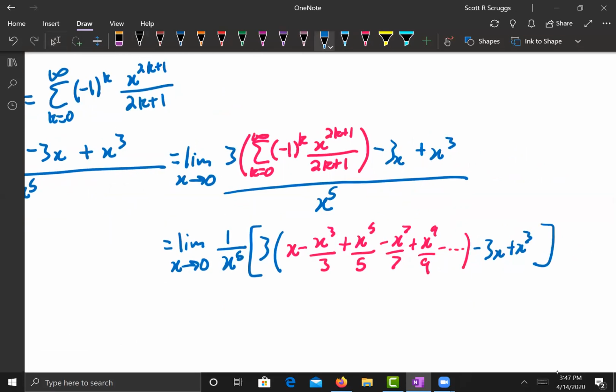All right. So next up, I have that 3 coming into play. So I'm going to distribute that everywhere that I see inside that parentheses.